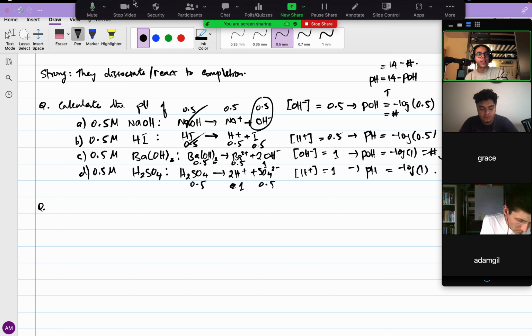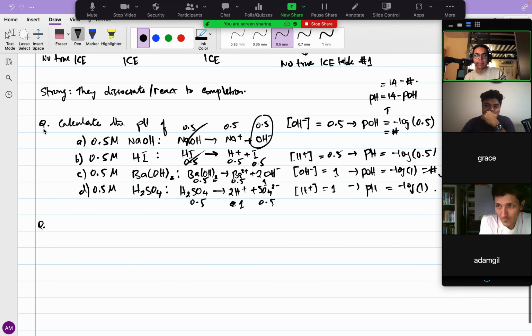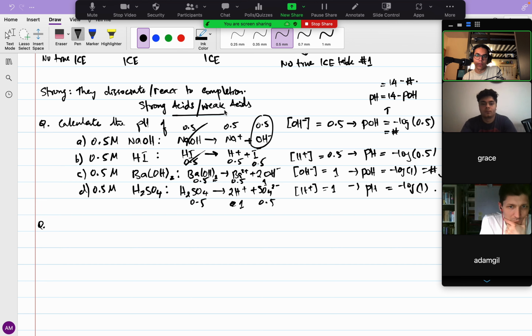Move on to weak acids and weak bases now. Let me just title this section as weak acids, weak bases. It's a very simple equilibrium problem.